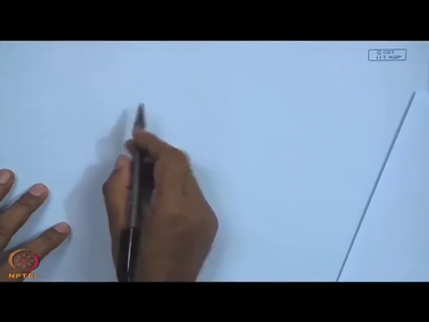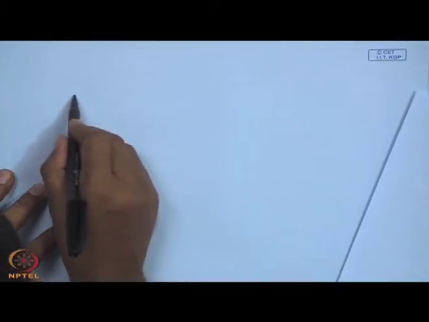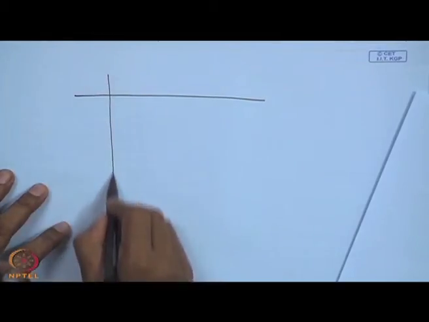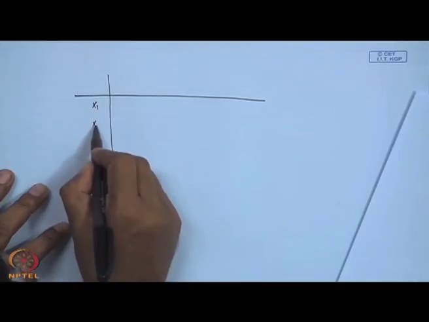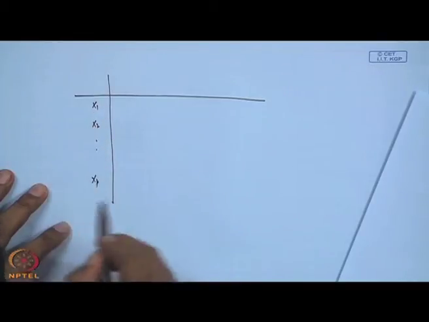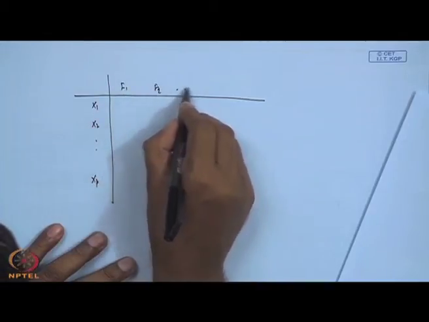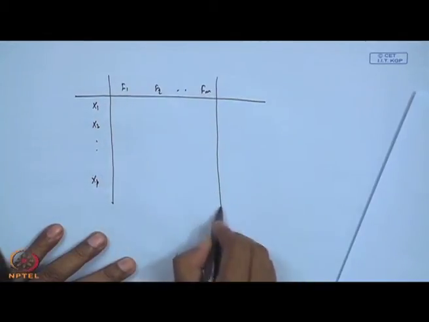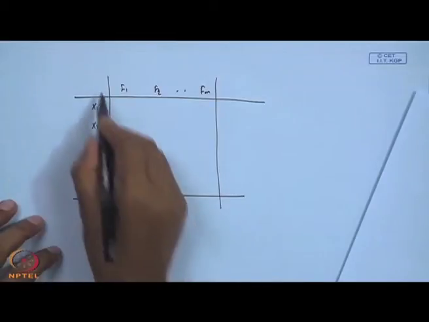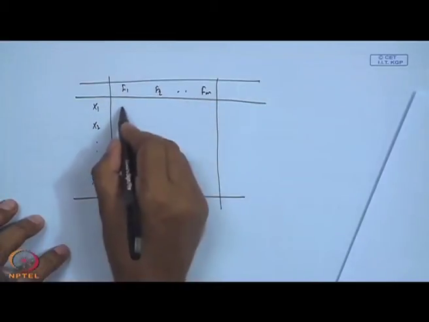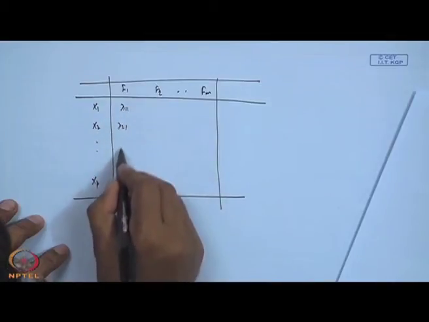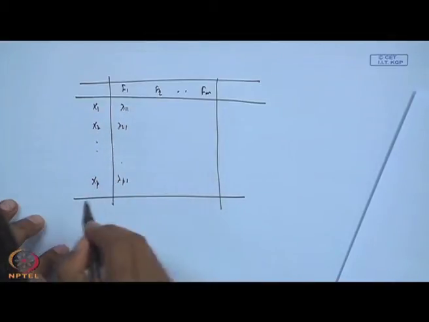So what I mean to say is that when you are doing factor analysis, suppose you have x1, x2, up to xp, and factors f1, f2, up to fm, you will get lambda values here: lambda 11, lambda 21, like this up to lambda p1.